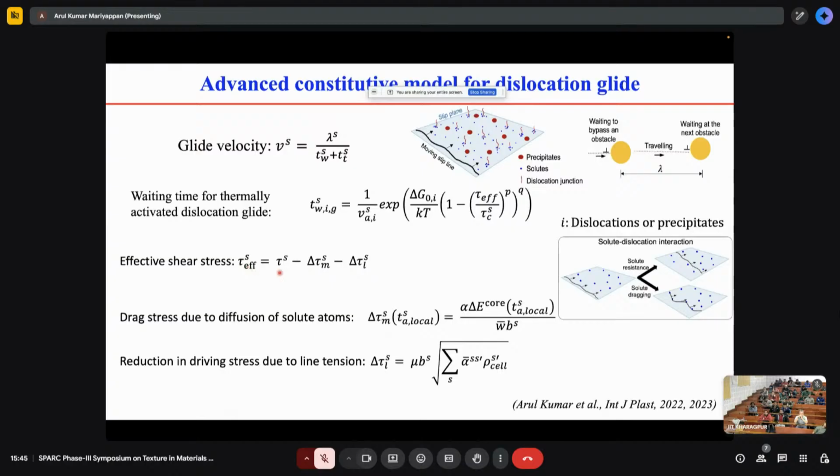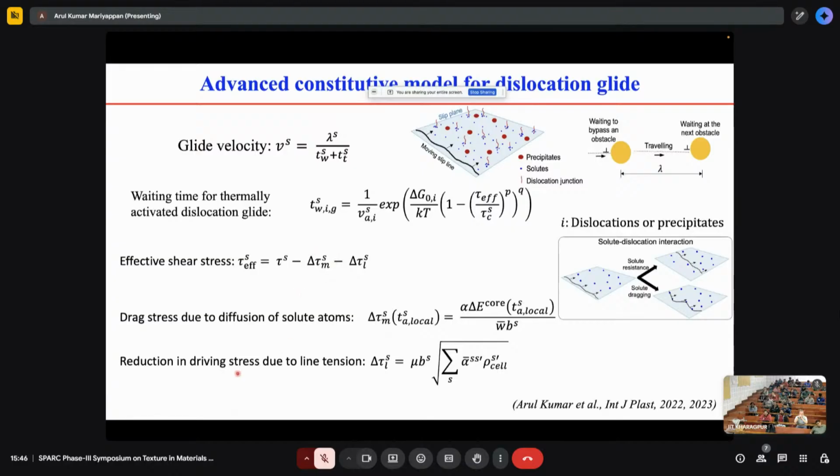What stress do we apply? The stress we apply is going to be resolved on the particular plane. That is called the resolved shear stress, what we have in tau here. That has to be reduced by the back stresses. Here we are accounting for two types of back stress. One, the reduction or drag stress due to the diffusion of solute atoms into the dislocation core. That can reduce the amount of stress available for a dislocation to migrate.